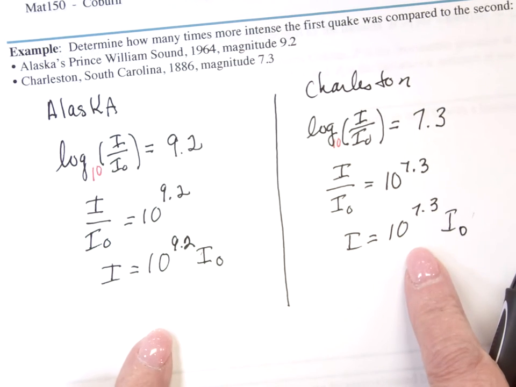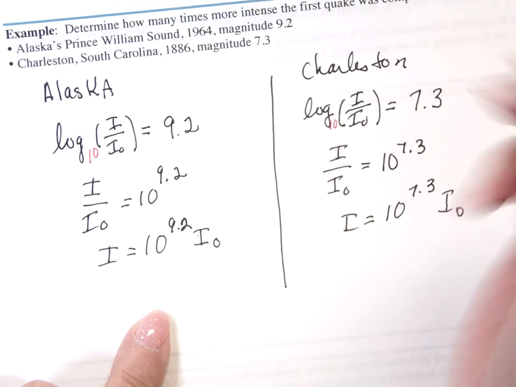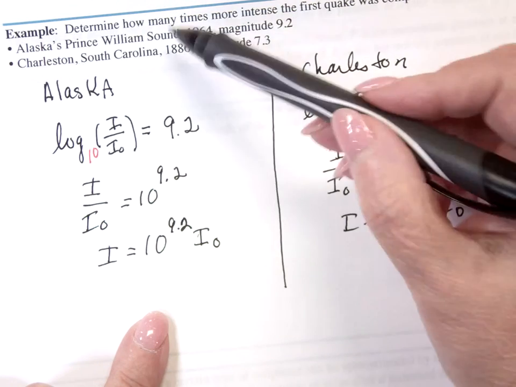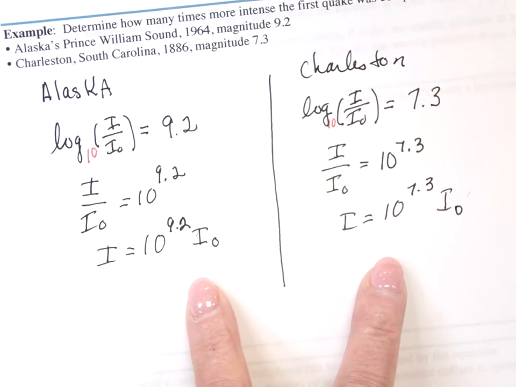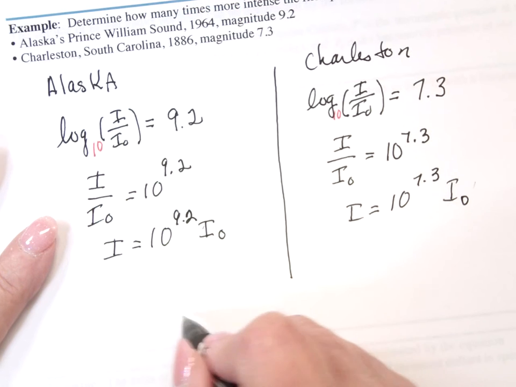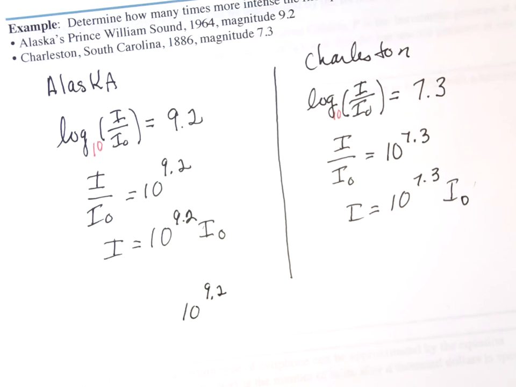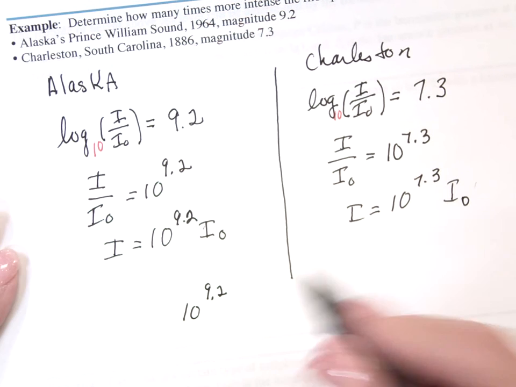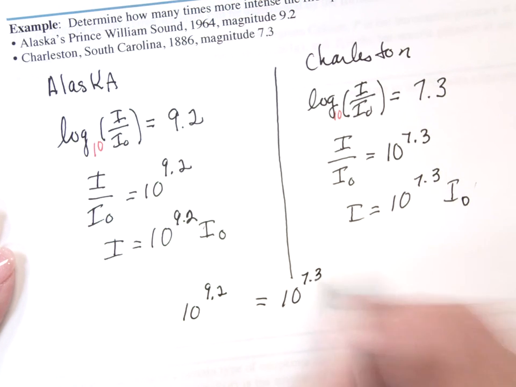What I ended up doing to say, we wanted to make the comparison, and it says, how many more times intense? Well, I want to know what would make these two equal. What would make 10 to the 9.2, you could say I sub 0, but the I sub 0s are going to cancel out, equal to 10 to the 7.3.